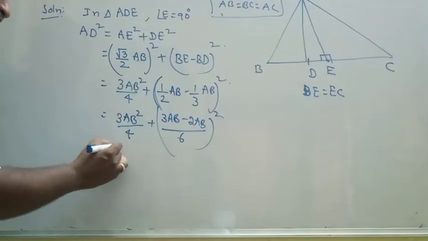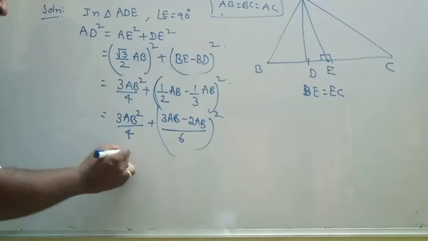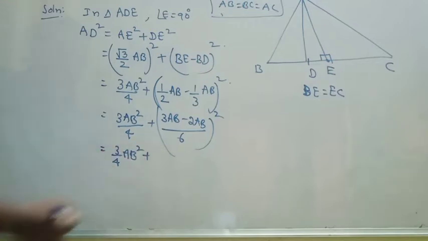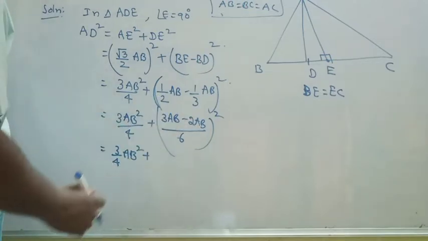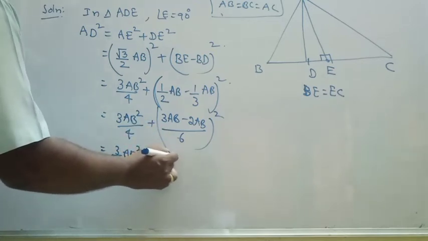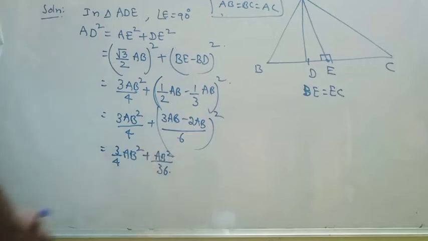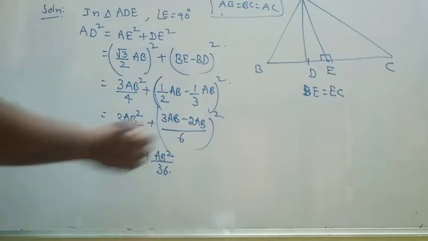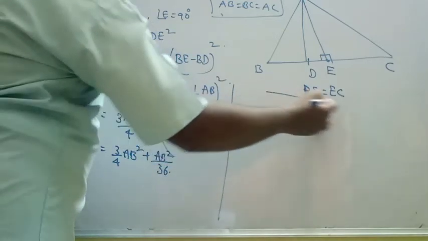This is equal to 3/4 AB square plus (3AB minus 2AB), that is AB by 6, whole square, that is AB square by 36.